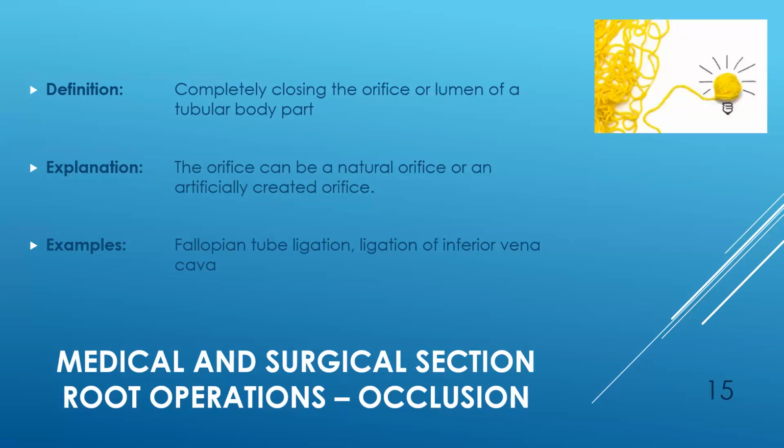The orifice can be a natural orifice or an artificially created orifice, so it could be something that was previously put in and now they want to close it off. Fallopian tube ligation would be an example. Ligation of inferior vena cava would be another. It might be an aneurysm or something going on where they don't want the patient to bleed out or have a stroke. They have to cut off or occlude any blood flow from that rupture. Next, please.